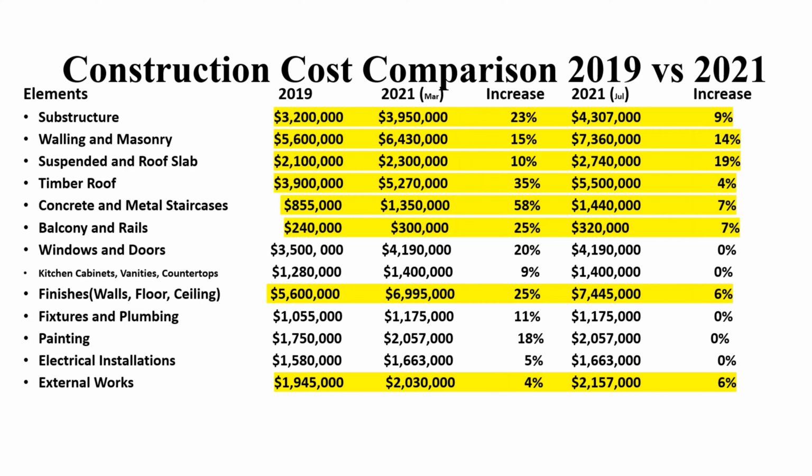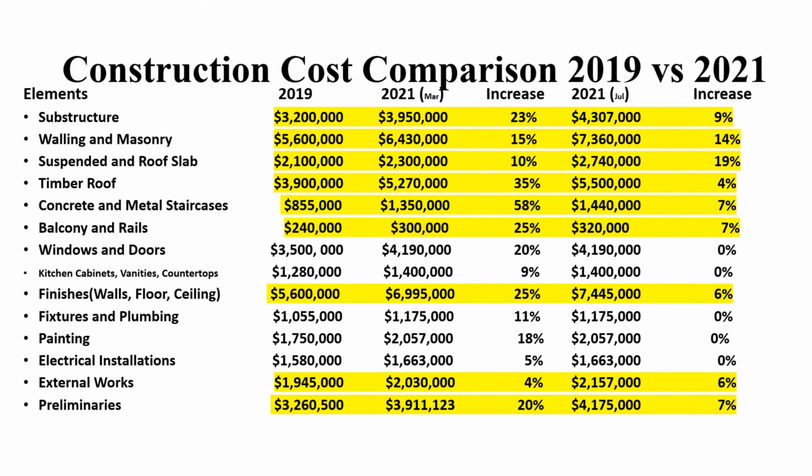Now we are at about 2.157 million, which represents a 6% increase. So overall the prelims has increased as well. Back in March we were looking at 3.9. Now we are looking at about 4.17 million in prelims, which represent an overall 7% increase.